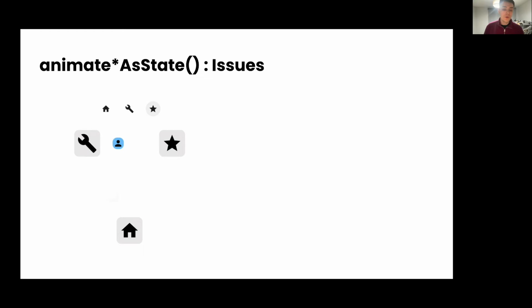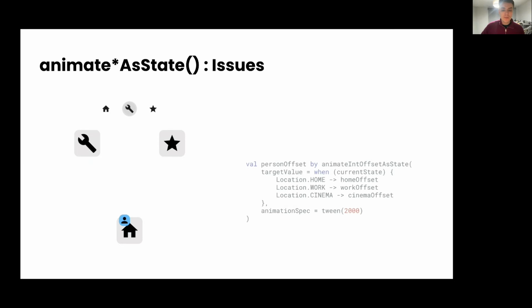And we have a blue dot, a man basically, who transitions between home, work, and movies. The animation itself is pretty simple. I have omitted all the code except for the part responsible for the animation itself, and you can see it on the right. Here we use animate offset, IntOffset as state, to properly animate the position of this blue dot. But what happens if this example becomes more complex?